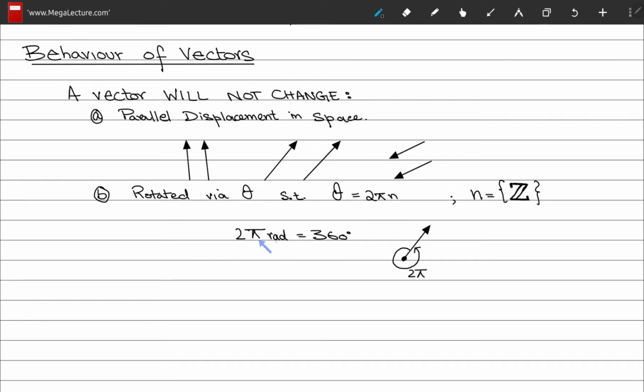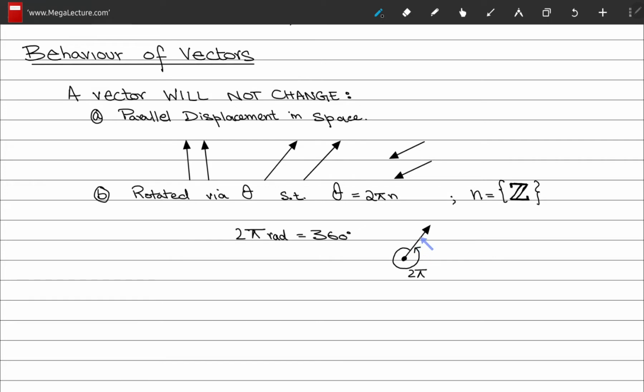This is because a rotation of 2π radians is just a rotation of 360 degrees about a fixed point. If I rotate this vector by 2π radians, it will just come back to its original position, as you can see.